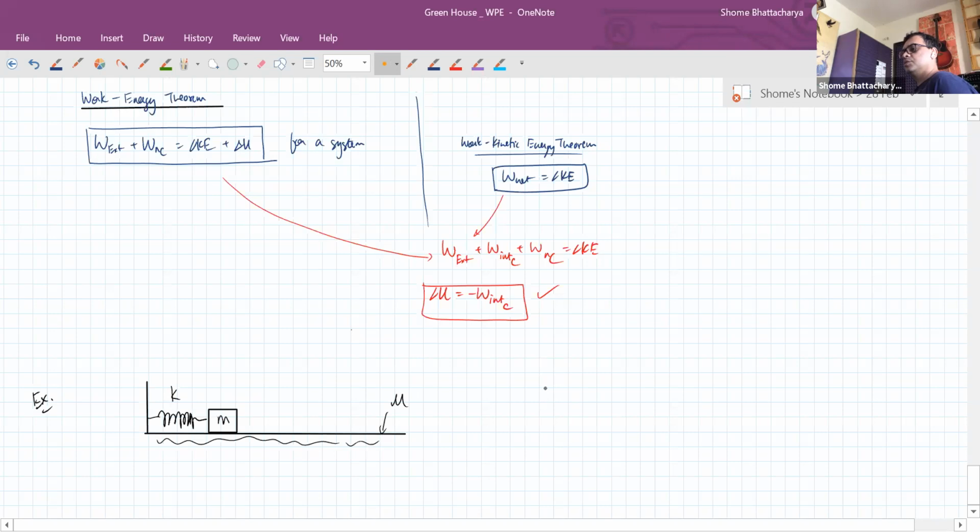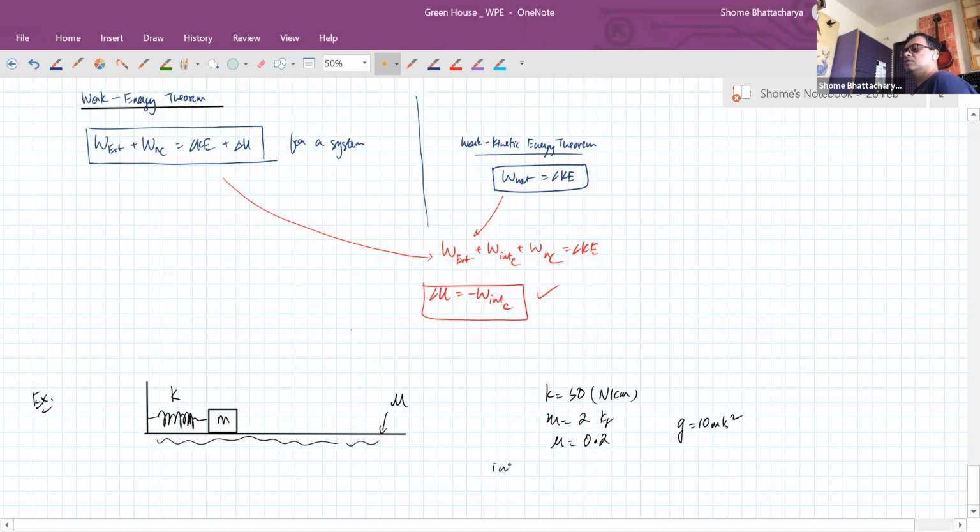Okay. So spring constant is given to us as, let's say, 50 newtons per centimeter. The mass of the block is given to us as 2 kilograms, and the coefficient of friction is 0.2, let's say. Okay.